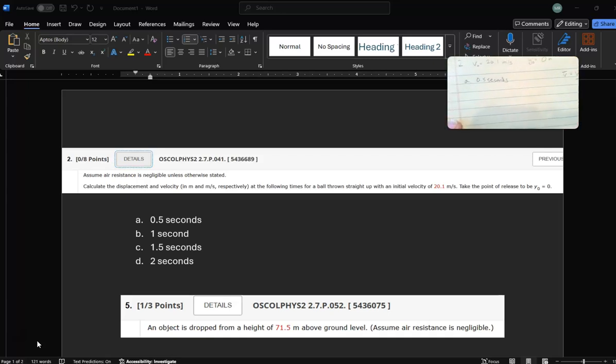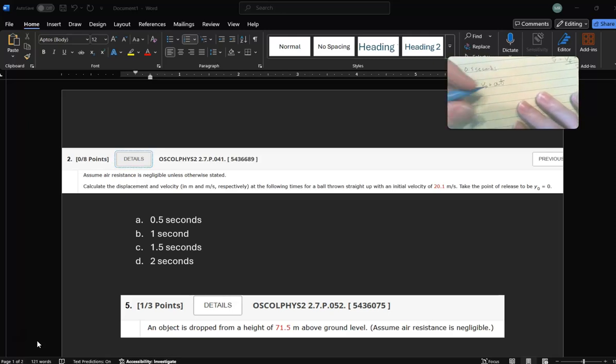To find the velocity, we have the equation final velocity equals initial velocity plus a times t. In this case, we're assuming that we aren't acting to accelerate the object up in any way. We're just starting off with initial velocity, and then we're letting gravity take control. So a is going to be the acceleration due to gravity, which is negative 9.8.